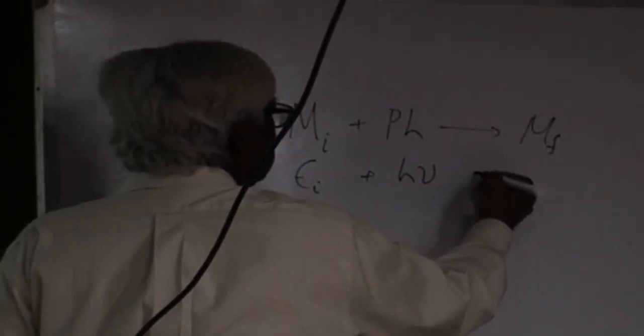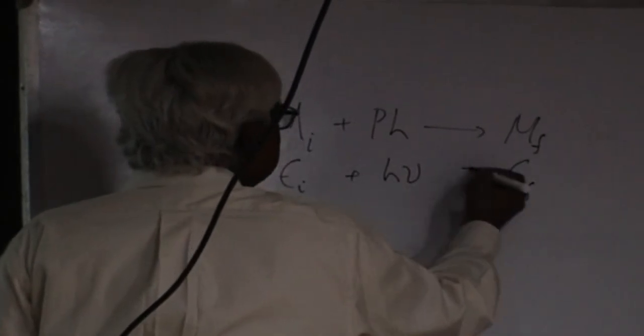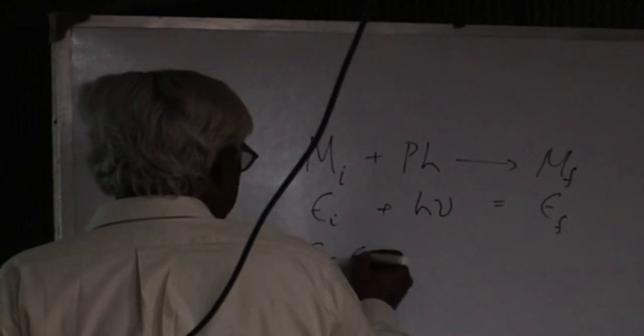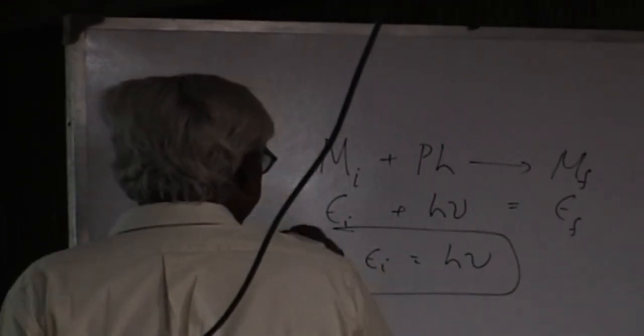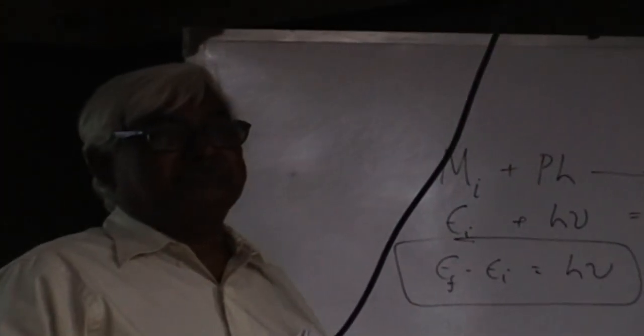That means the energy of the initial state plus the photon energy must be equal to the energy of the final state. So this statement is nothing but the conservation of energy. So epsilon f minus epsilon i equal to h nu. This is nothing but the Bohr condition. So the Bohr condition is nothing but the conservation of energy.